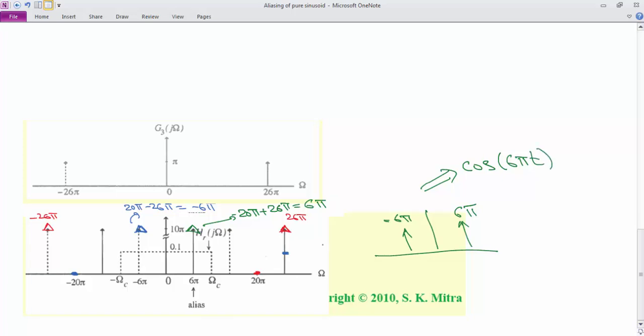So even this frequency of 13 Hertz will fold onto 3 Hertz. So we looked at two signals. One was a 7 Hertz frequency, one was a 13 Hertz frequency, and they both folded onto the frequency of 3 Hertz.